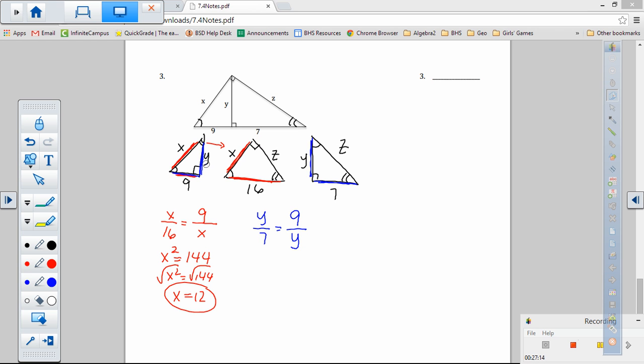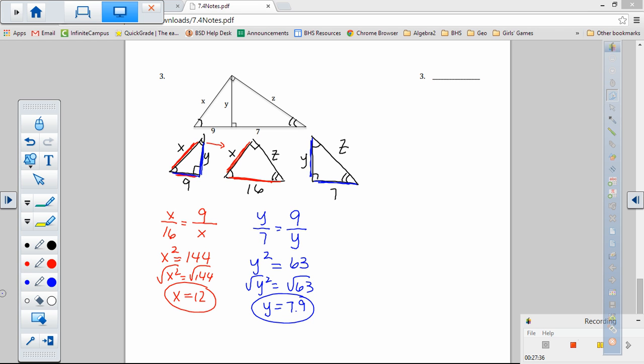So look at your picture. Y is to 7 as 9 is to y. Again, we have a geometric mean. Y squared is equal to 63. Square root both sides. And y equals 7.9. All right, let's do the last one.